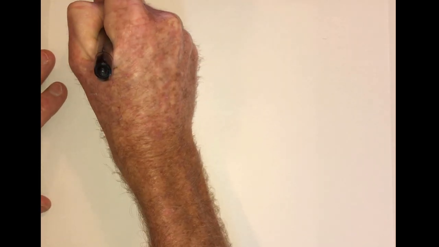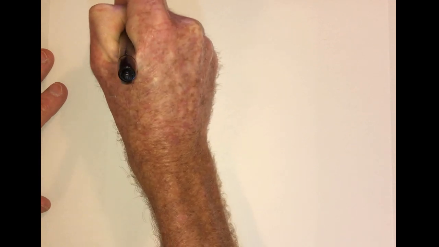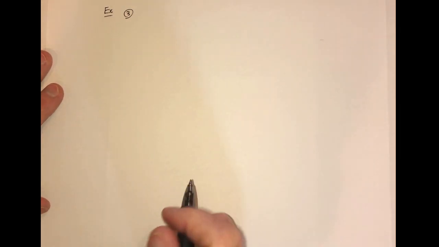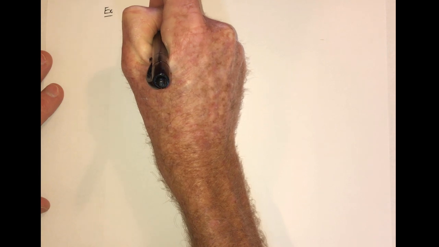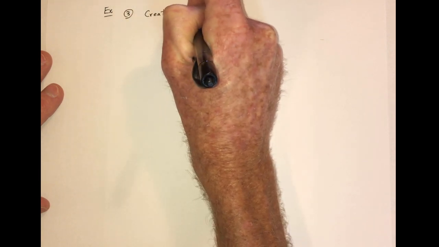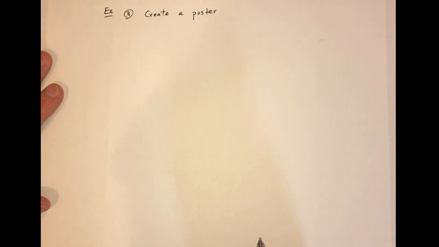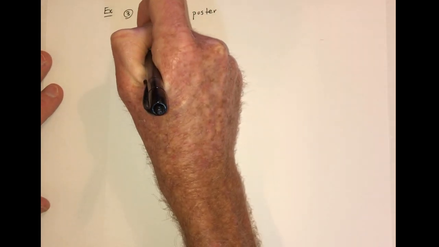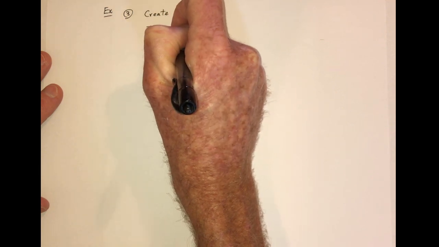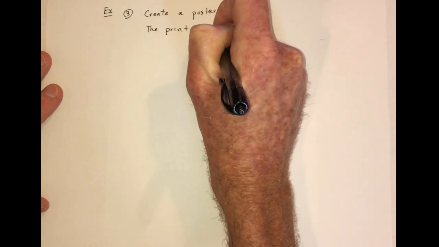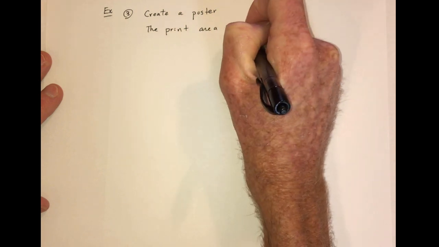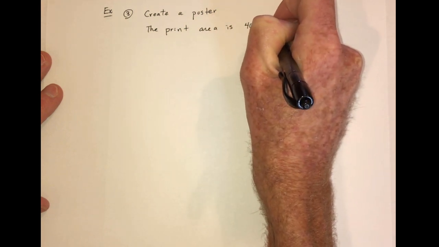Now for example number 3. So for example number 3, we're going to design a poster. So the print area is 400 square inches.